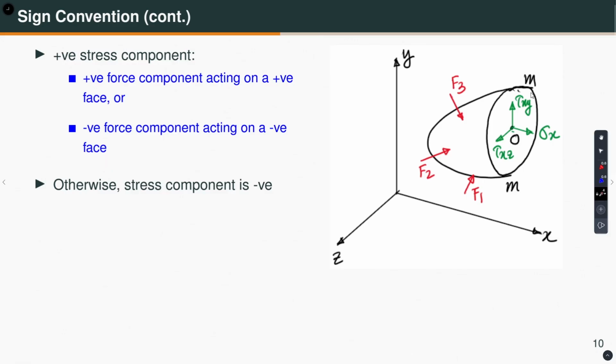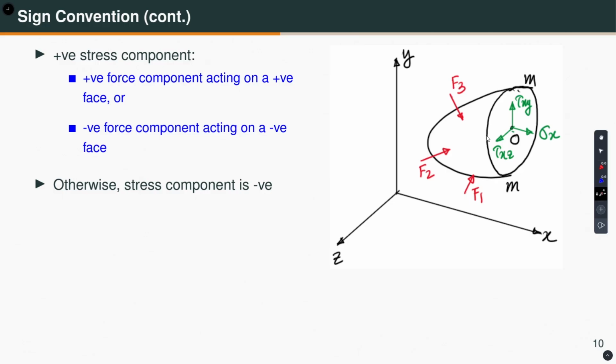So, for example, on this plane MM at point O, I am showing you the stress components sigma x or sigma xx, tau xy or sigma xy and tau xz or sigma xz, all in the positive direction, because this is a positive x face and all these are in the positive direction of the coordinate axes.